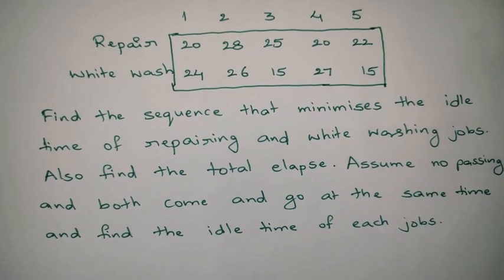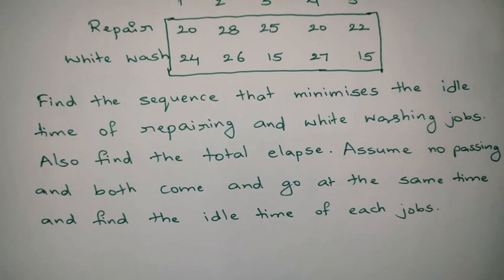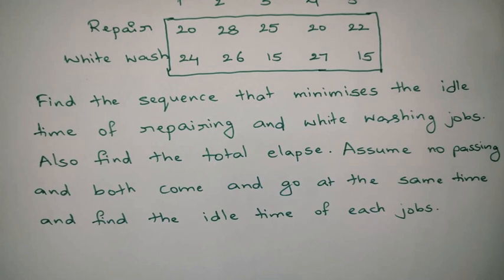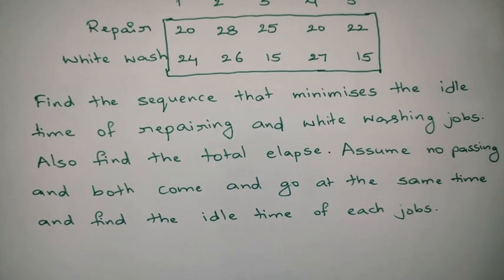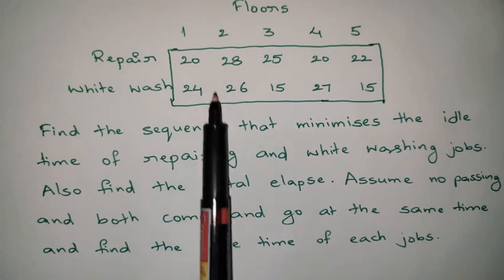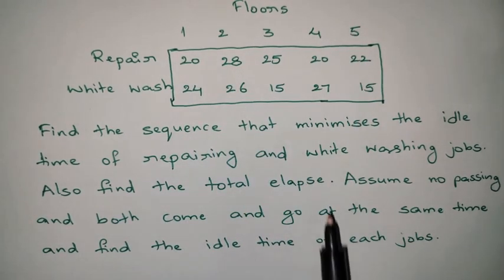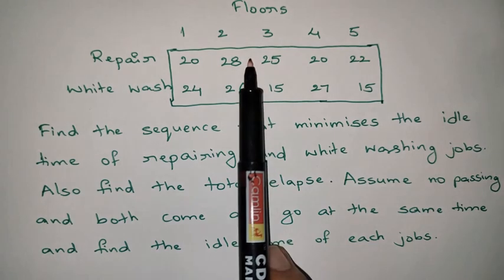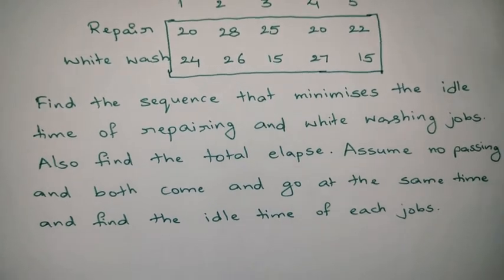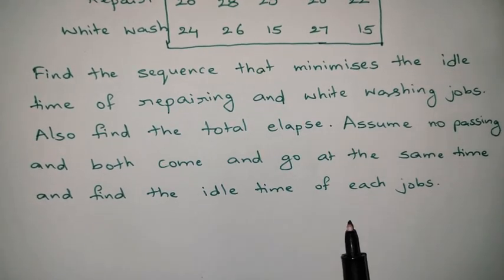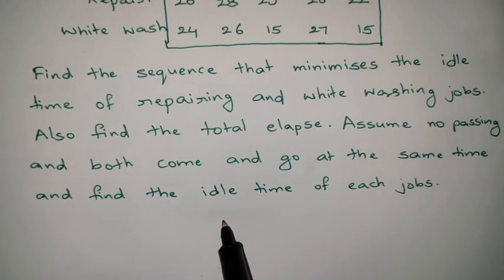Here the number of floors is 5, so depending upon the number of jobs or floors, we need to draw a grid.